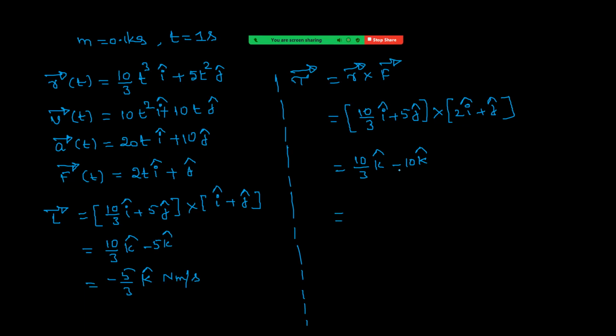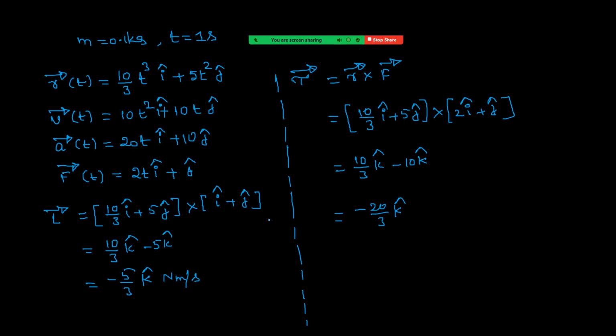This is now minus 30 plus 10, minus 20, minus 20 by 3 k cap. Okay, right. So that means option 4 is matching, right? That means option D correct, A correct, and B also correct. A, B, and D.